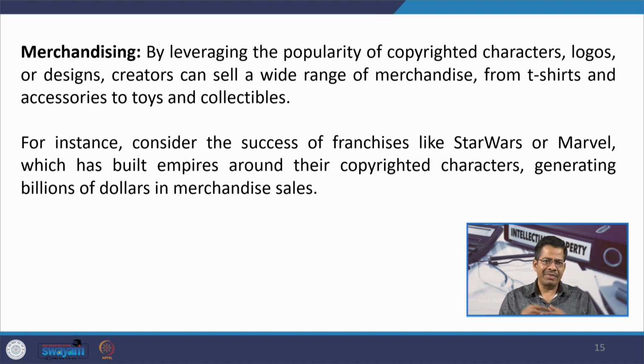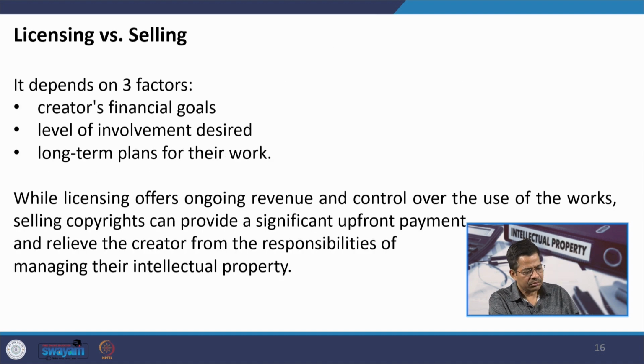I am giving a license of my IP, my copyright, to be used by some toy company, to be used by some stationery company. They can print that on their stationery, and through which some kind of royalty sharing agreement also happens. So, merchandising, which is a subset of licensing, is also possible.